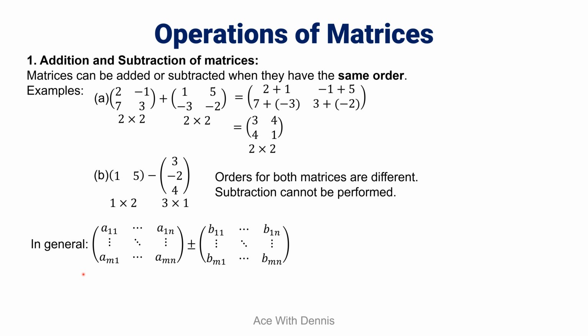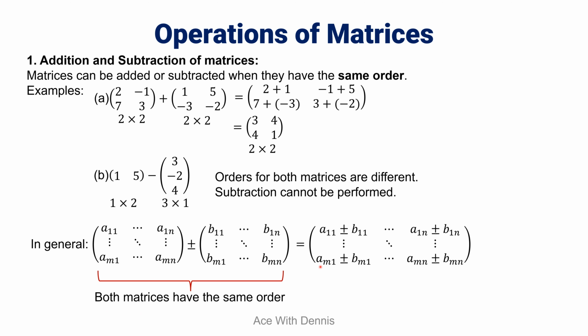So in general, when 2 matrices are added or subtracted, the first thing we need to do is make sure that both matrices have the same order. If both matrices have the same order, then we can add or subtract them by adding or subtracting the corresponding elements.